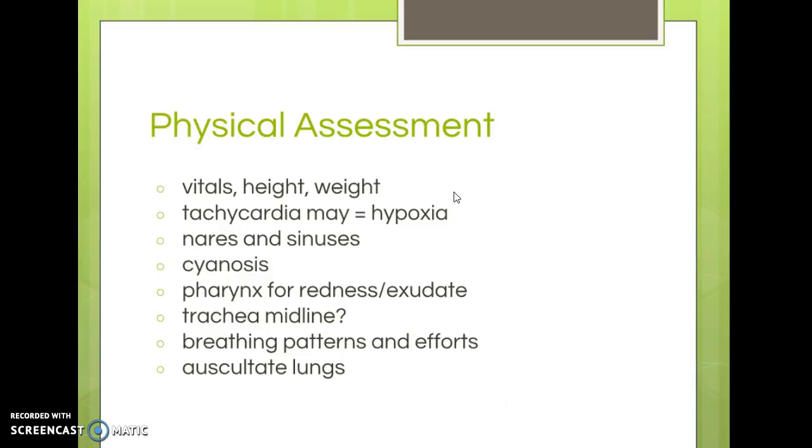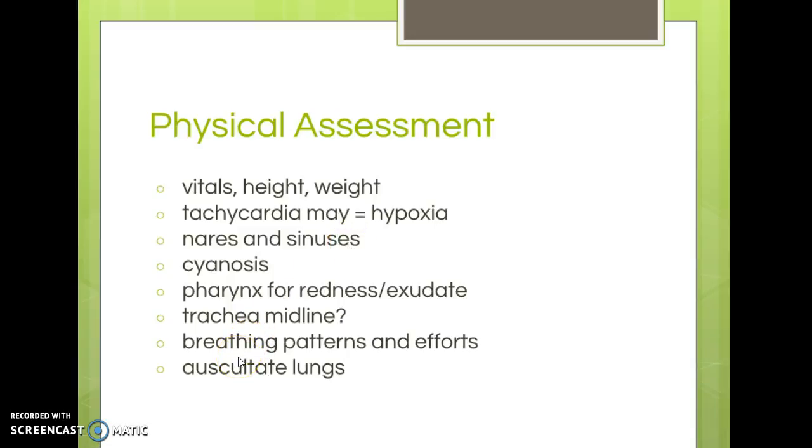So a lot of times when we see that tracheal deviation, that tells us that something's wrong with one of those lungs. We might have a collapsed lung on one side, or maybe a collapsing lung or a pleural effusion or something like that. It's going to cause that trachea to deviate from the midline.